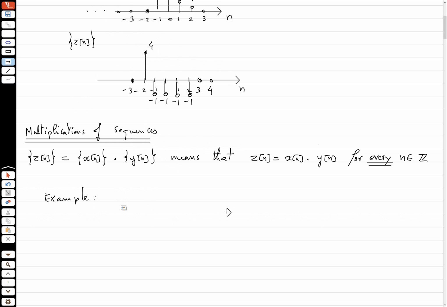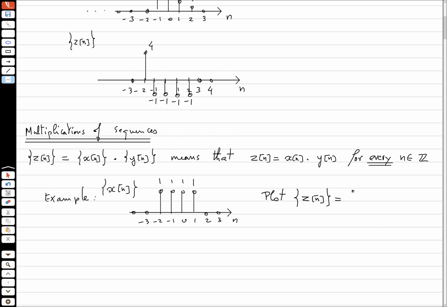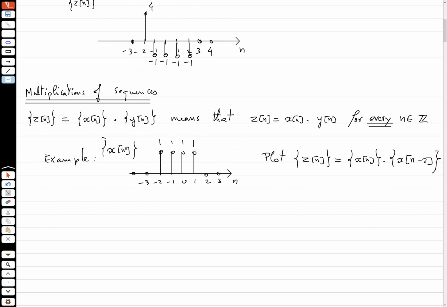Take x of n like that, and plot z of n equals x of n times x of n minus 2, for example.